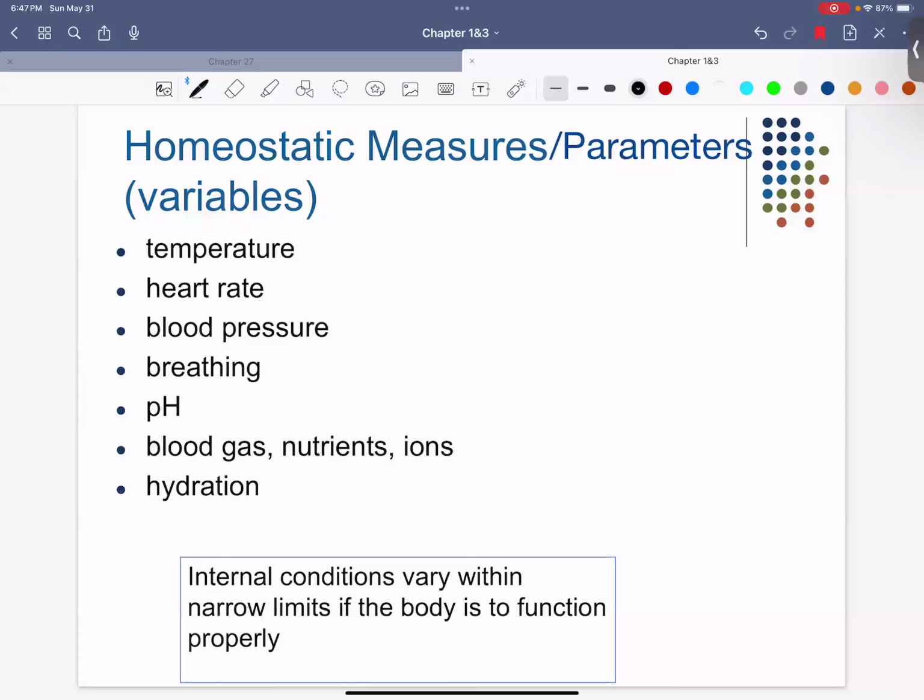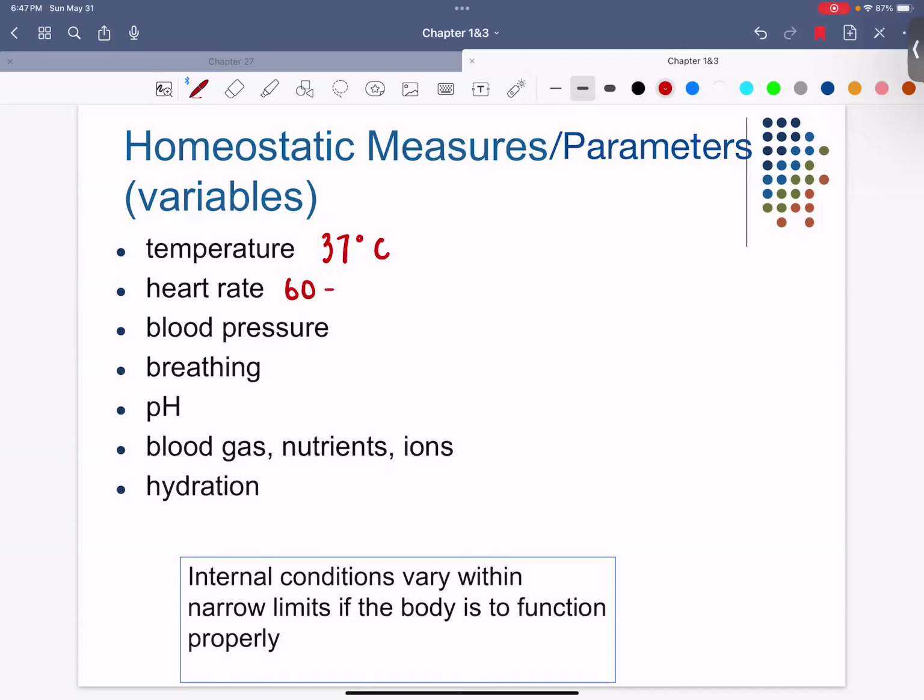Here are a number of parameters or variables. The variable is what's being regulated. These are all precisely controlled by homeostatic mechanisms. So, for example, normal body temperature is maintained at about 37 degrees Celsius.